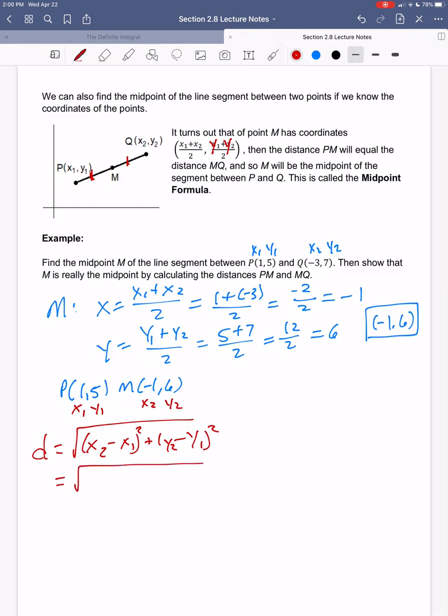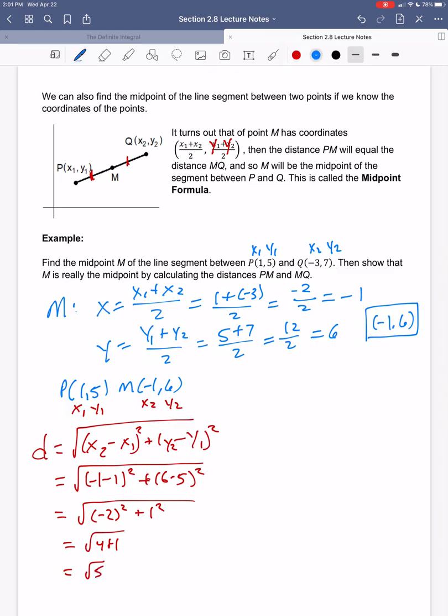So x2 is negative 1 minus 1, and then y2 minus y1, 6 minus 5. So that's going to be negative 2 squared plus 1 squared. So that distance is the square root of 5.